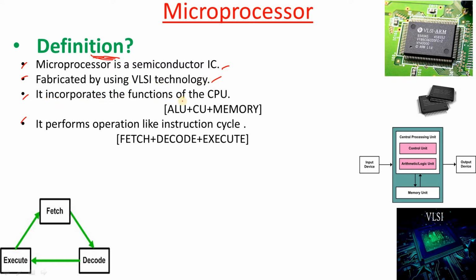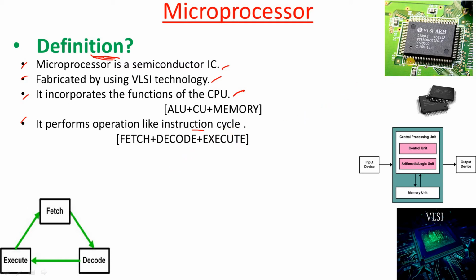It incorporates the functions of the CPU, whose contents are the ALU, control unit and memory. The fourth one is that it performs operations like the instruction cycle. The instruction cycle is a combination of 3 cycles: the fetch cycle, the decode cycle and the execute cycle.